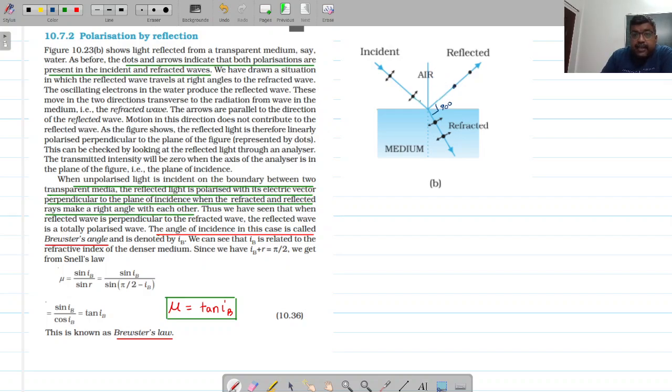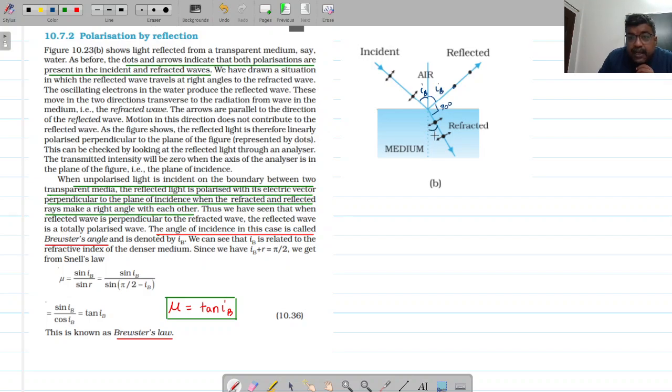So this angle is IB, that is Brewster's angle. It can also be represented as IP, polarizing angle. So obviously angle of incidence and angle of reflection will be same. So this angle will also be IB.